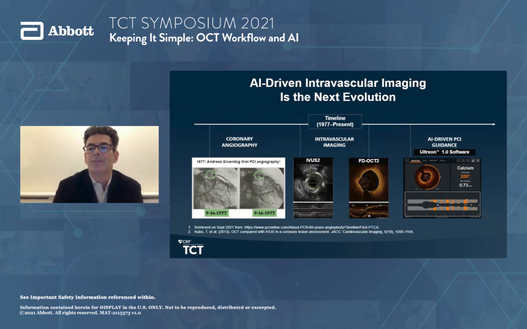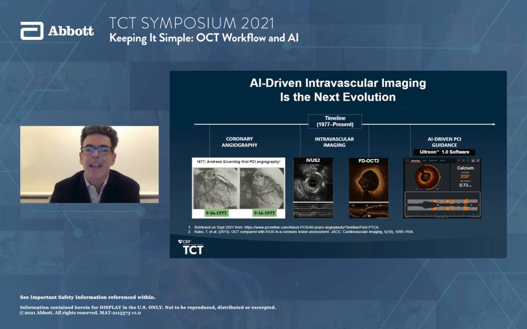Well, we've come a long way, haven't we? 1977 and angiography-guided PCI. And then in the last couple of decades, I think we've seen an increasing use of intravascular imaging. Still with low penetration, but I think the higher resolution of OCT is encouraging us all to adopt it.